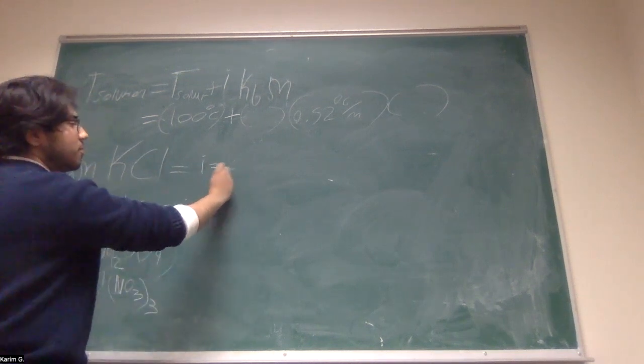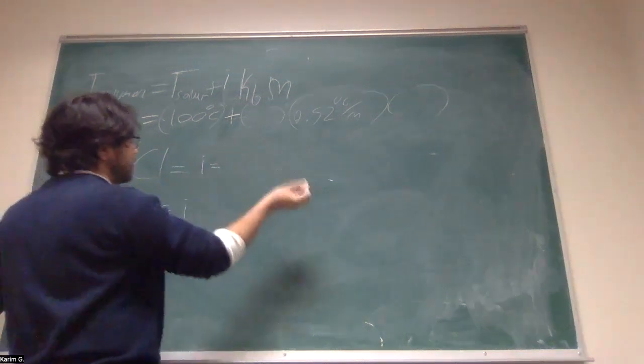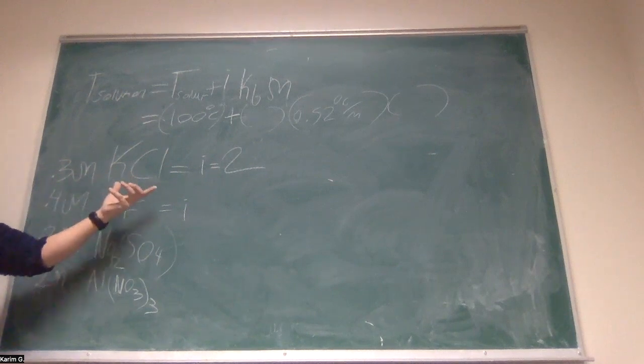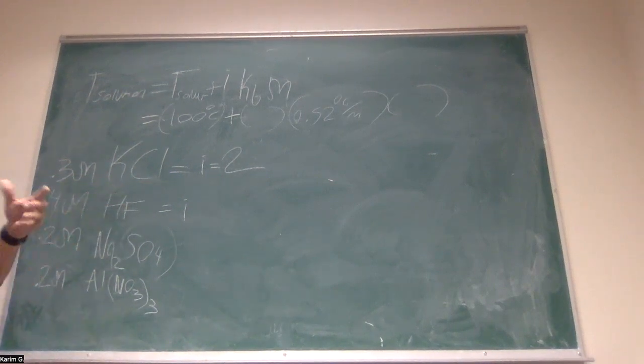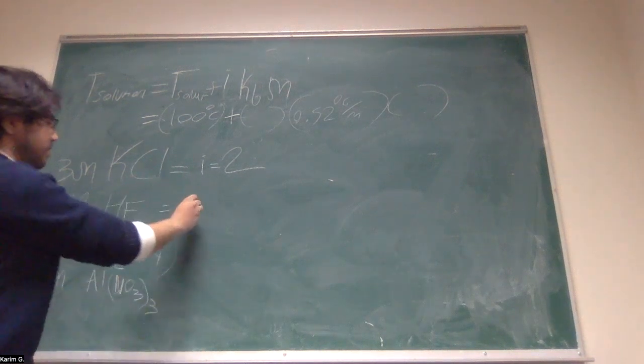Oh no, not 1. It's 2, right? Because if you put this in water, the potassium and the chloride will separate. So it's an electrolyte. It's like sodium chloride, which separates into sodium and chloride ions. So this has a Van 't Hoff of 2.